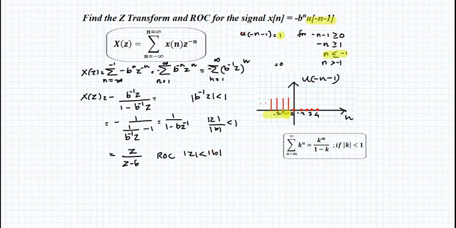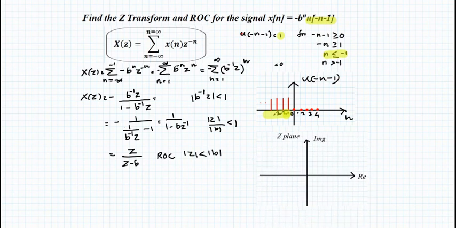Okay, now we can see the ROC in a graphical way. Here you can see this is the z plane, and this is the real axis and the imaginary axis, because z is a complex number. If you equate the numerator to 0, you will get z is equal to 0.